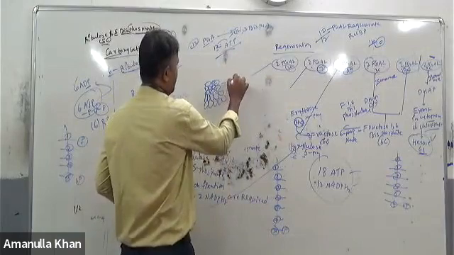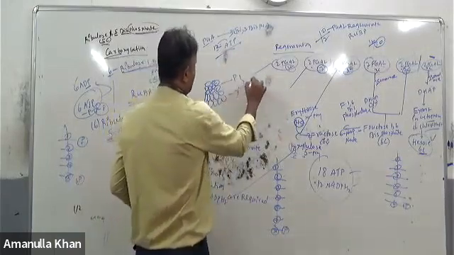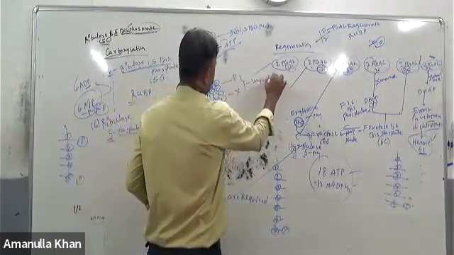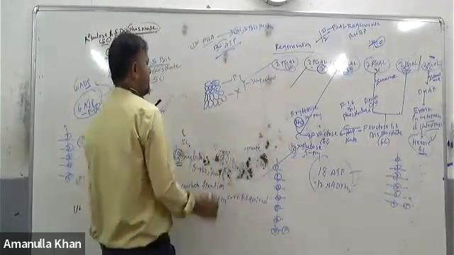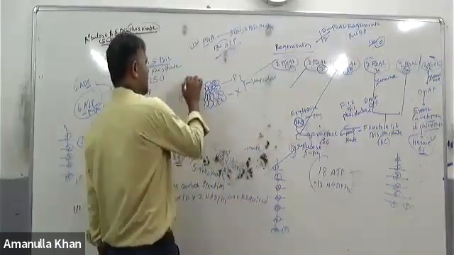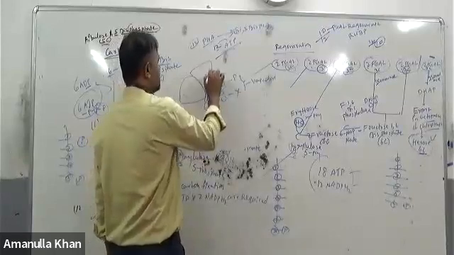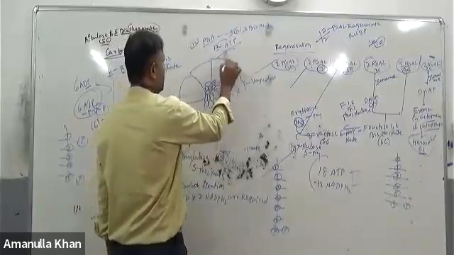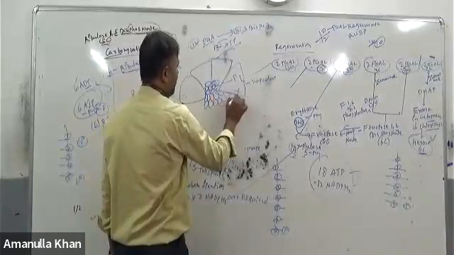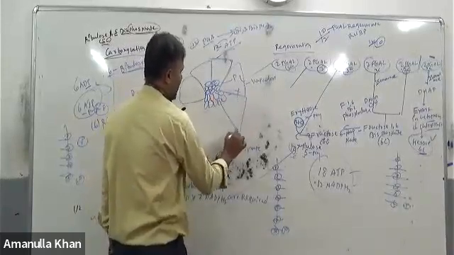Phloem and xylem are called a vascular bundle. This vascular bundle is surrounded by the bundle sheath cell. This type of anatomy is not seen in other plants.